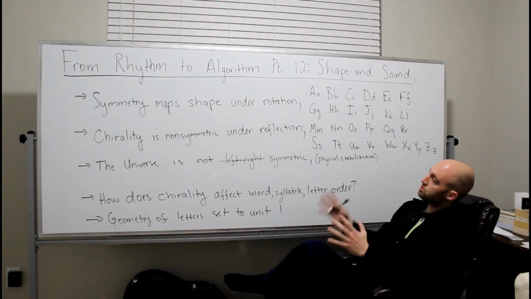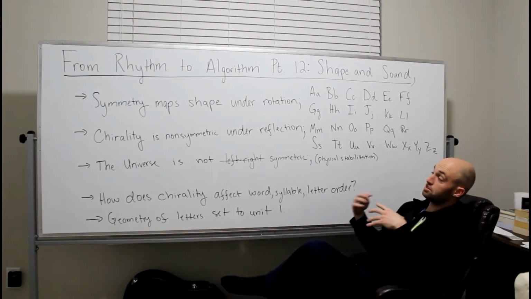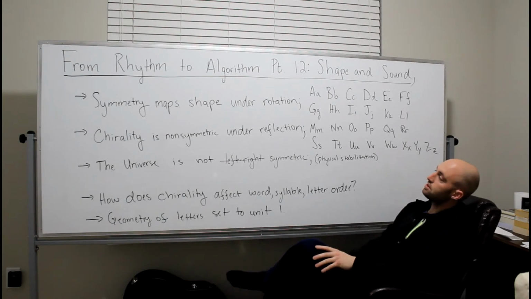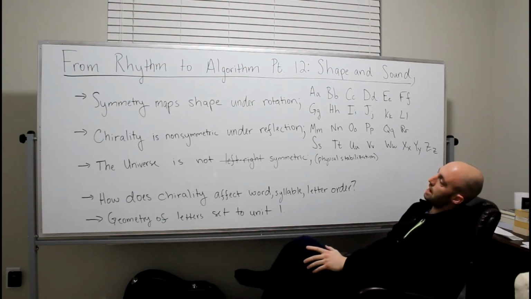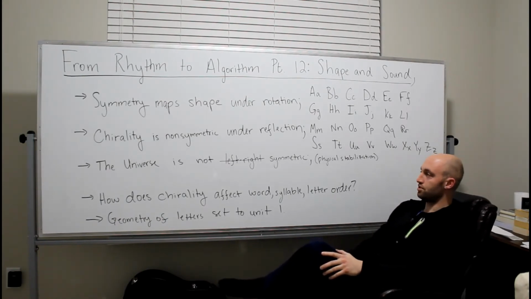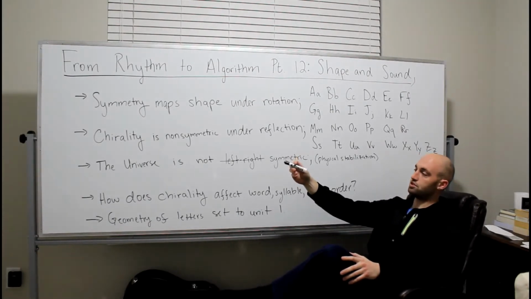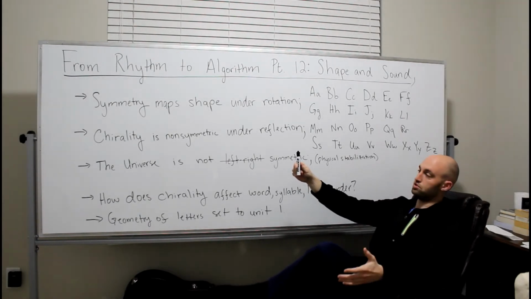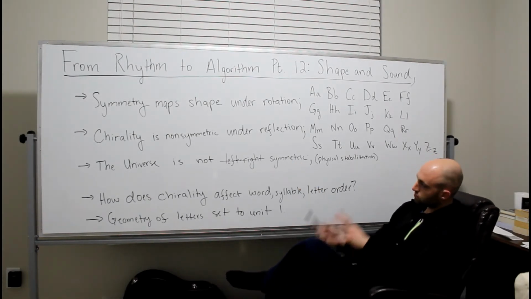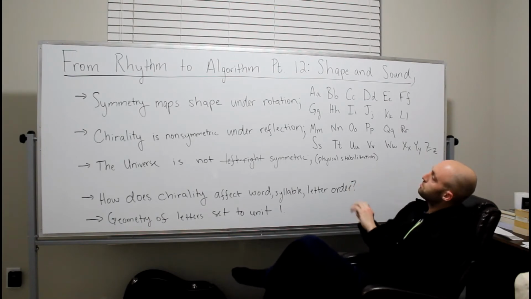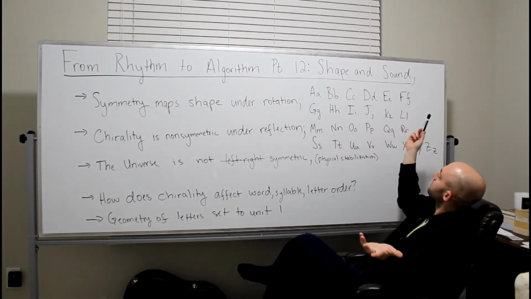But there are some more principles or ideas that are still not clear to me physically. Symmetry maps shape under rotation. I have my marker here. If I rotate it 360 degrees, we come right back to the same positioning. Symmetry is really easy to see with letters.